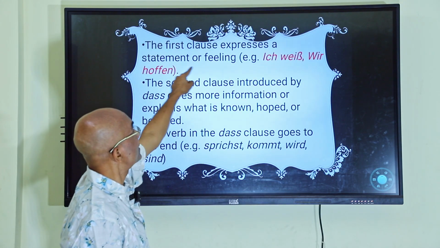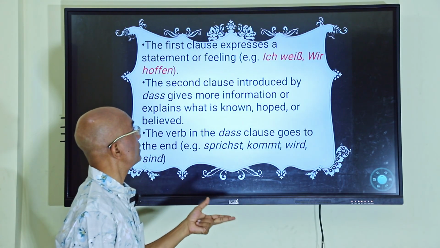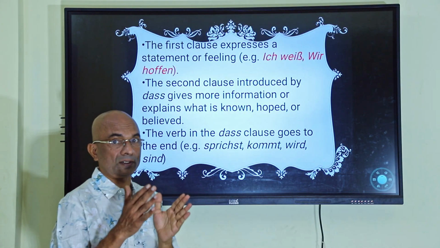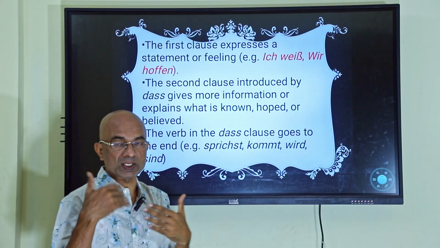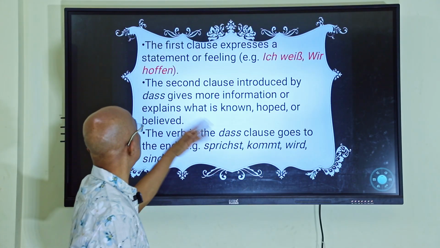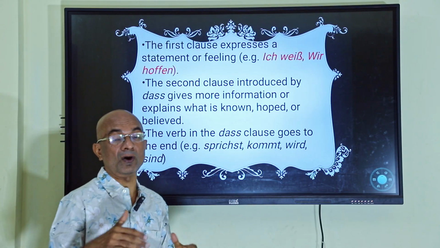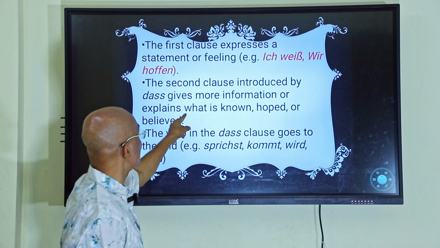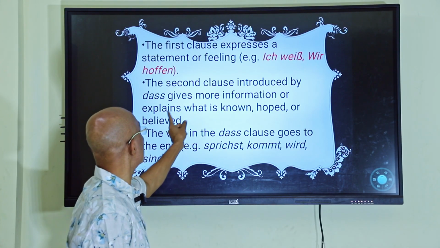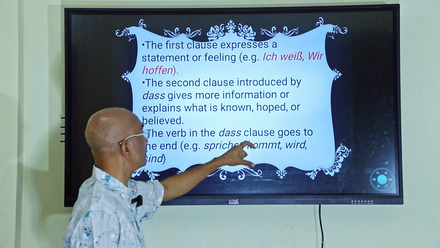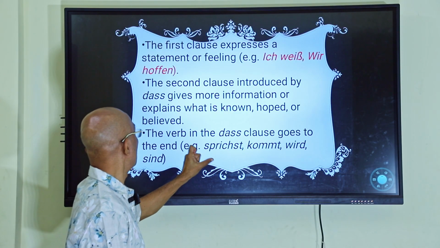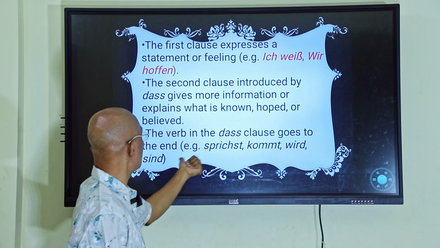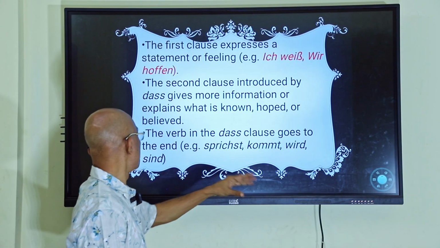So the first clause expresses a statement or feeling. Ich weiß, wir hoffen, I know, or we hope. The second clause is introduced by dass, gives more information, explains what is known, hoped, or believed. Okay, the verb in the dass clause goes to the end. Spricht, kommt, wird, sind.